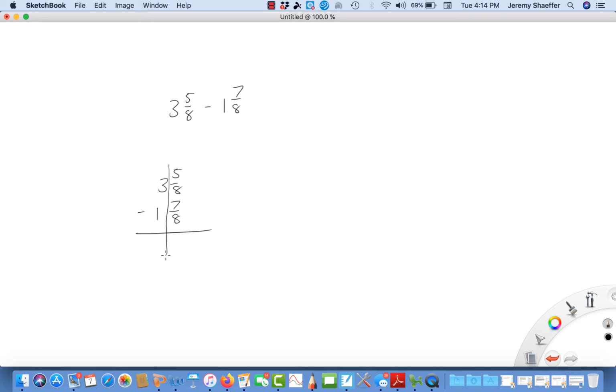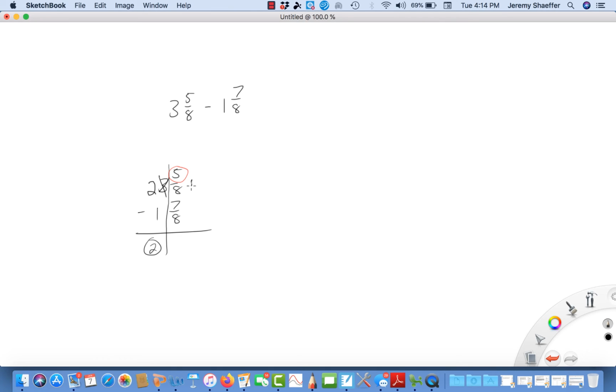Let's draw our line here. 3 minus 1 does equal 2. The problem comes in, again, with this 5. 5 is smaller than 7, which means that we have to change this. So we're going to borrow. We're going to take this and turn the 3 into 2.